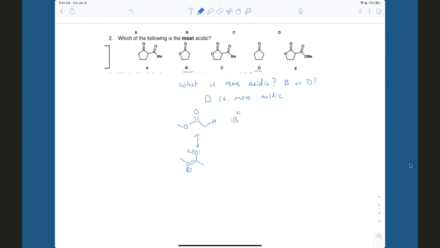Some sort of base. We lose the resonance of the oxygen, so this lone pair is no longer able to add into that electron deficient carbon.